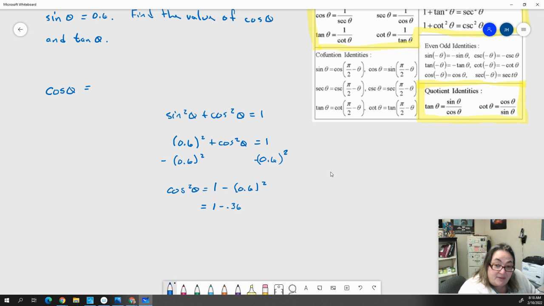And when I do the math on that, 1 minus 0.36 is going to be 0.64. So right now what I'm looking at is the cosine squared of theta equals 0.64. But we're not trying to figure out what cosine squared is, right? We're trying to figure out what cosine is. How would I find what cosine is from cosine squared?